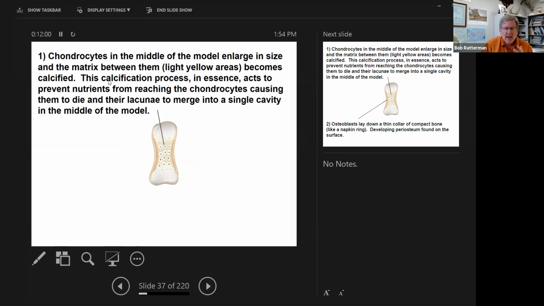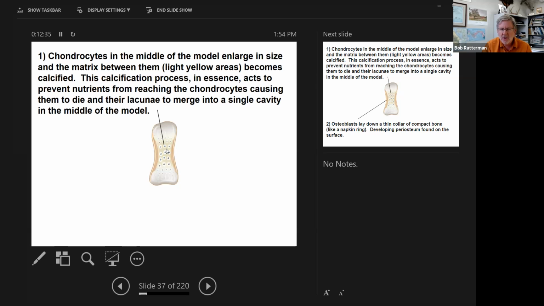Now remember we talked in the previous intramembranous ossification how calcification started to happen as well between the mesenchymal tissue. Well, we have that happen here too. So not only do the chondrocytes enlarge in size, we start seeing matrix form between the lacunae, and we also begin to see calcification taking place. And as it indicates here on number 1, this calcification interrupts the nutrient flow to the cartilage cells.